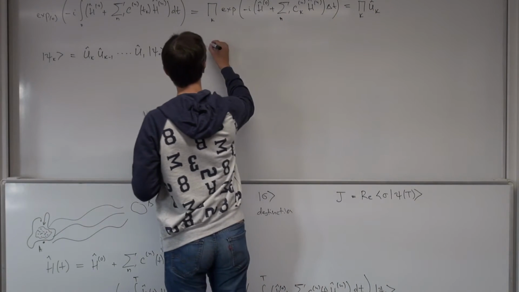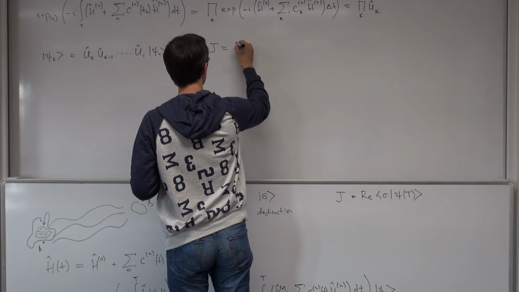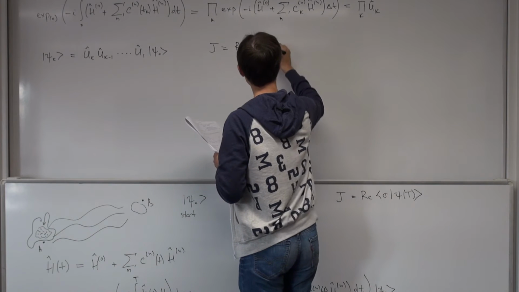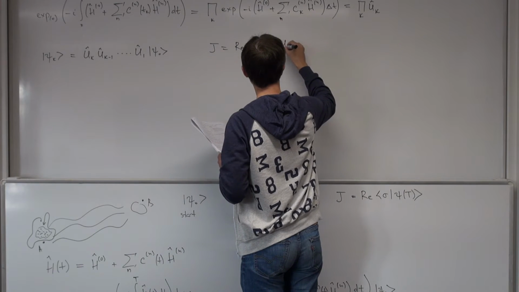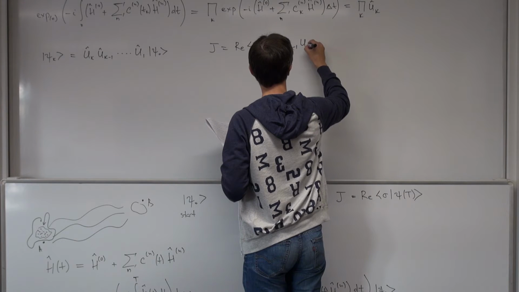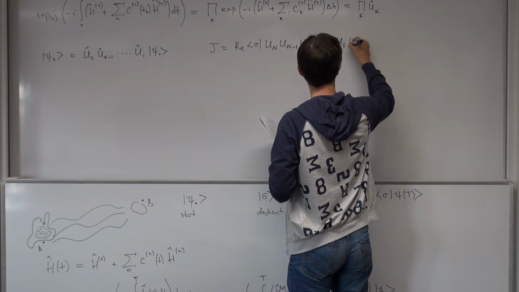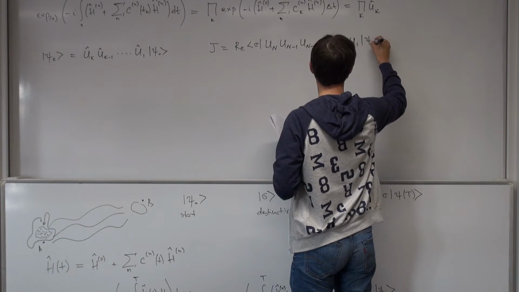So our J is now, it's still the real part, it's still projected onto the destination state, but U_n, U_n minus 1, U_n minus 2, and so on, U_2, U_1, psi 0.